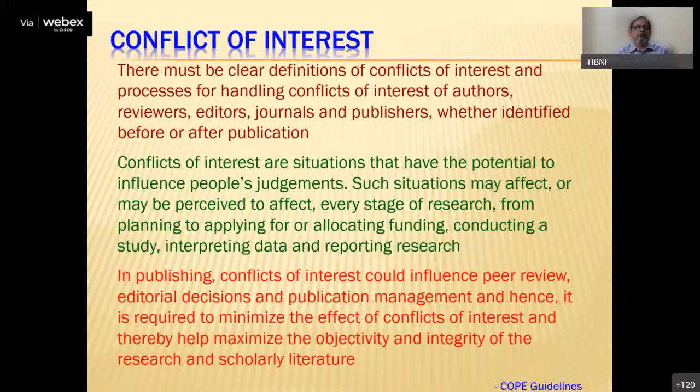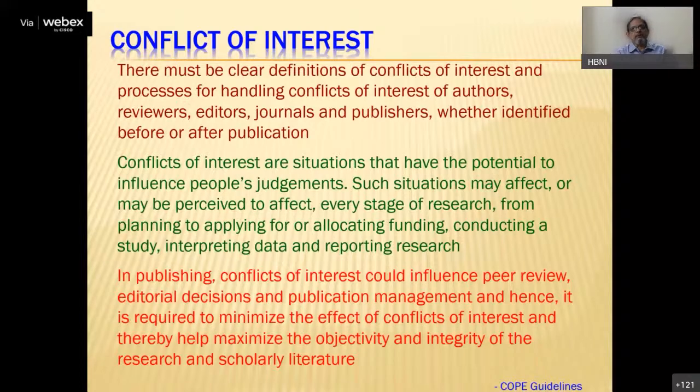So, conflict of interest. There must be clear definitions of conflicts of interest and processes for handling conflicts of interest of authors, reviewers, editors, journals, and publishers. All these people need to have proper guidelines on conflict of interest.